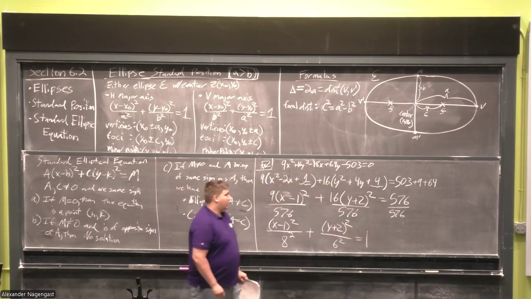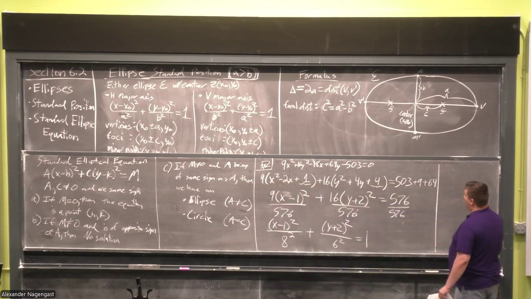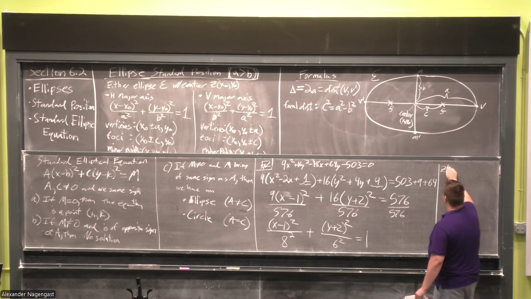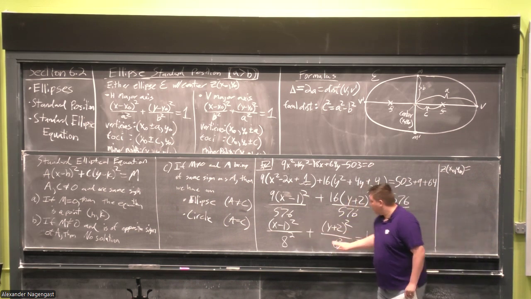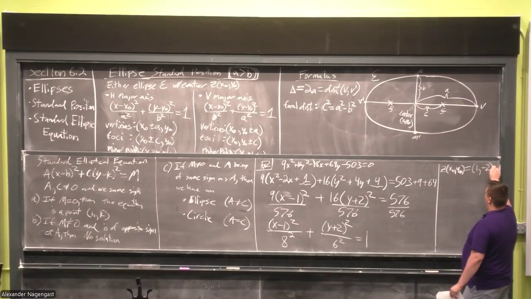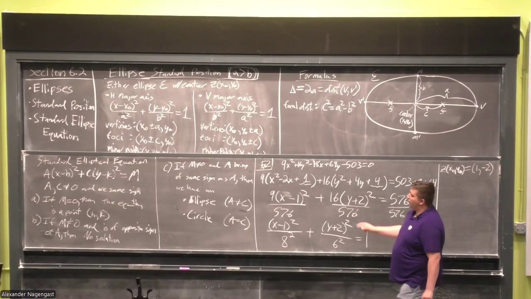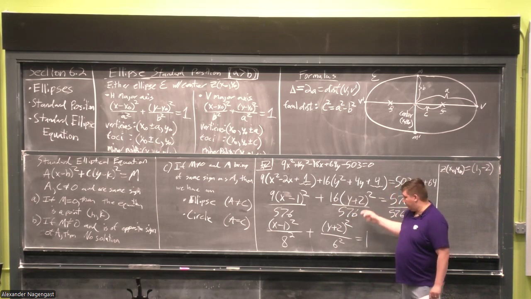So now, when we tabulate our information, we can say that our center, x naught, y naught, is equal to 1, negative 2. Because again, we have to think of y minus y naught. So this is y minus a negative 2.